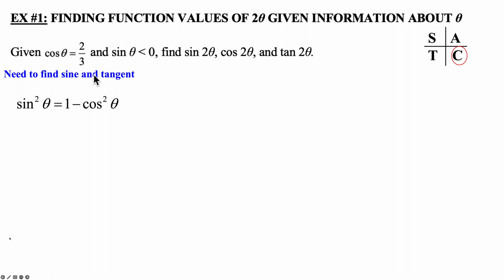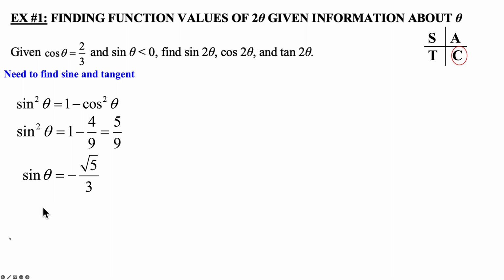And we'll substitute 2/3 here for cosine theta and square that 2/3 to get 4/9. 1 minus 4/9 is 5/9. We'll take the square root of both sides and we will get sine theta is equal to, remember we said sine would be negative, so I put in the negative, square root of 5 over the square root of 9, which is 3.